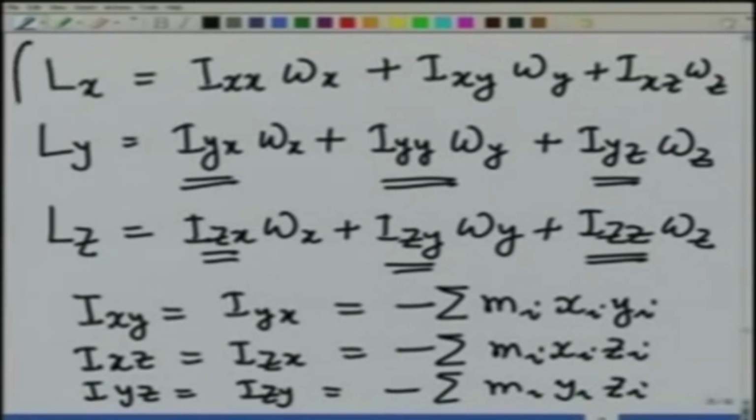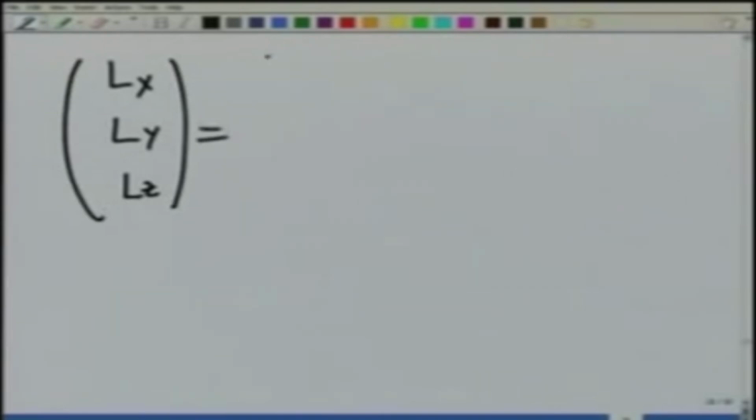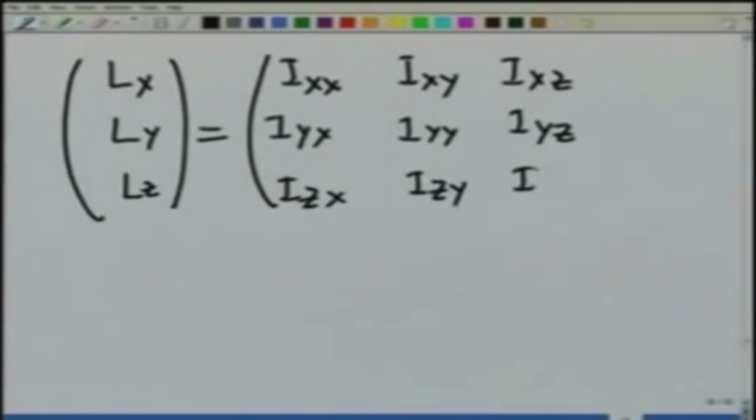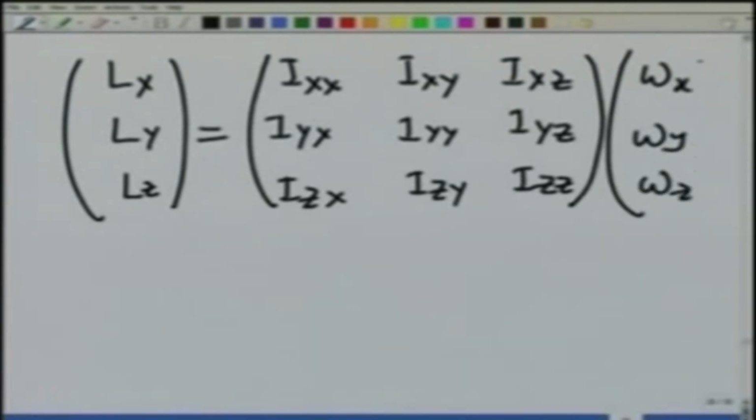In general, this relationship can be written as a matrix multiplication: the vector Lx, Ly, Lz, three components, is equal to the matrix Ixx, Ixy, Ixz; Iyx, Iyy, Iyz; Izx, Izy, Izz, times omega x, omega y, omega z.